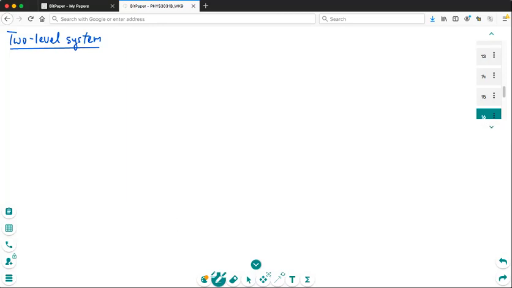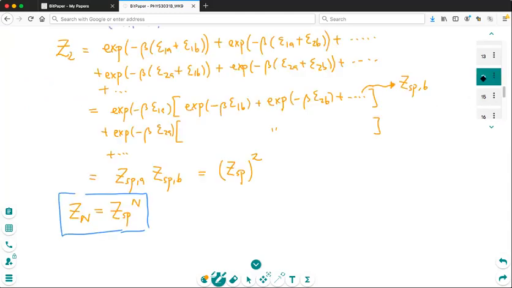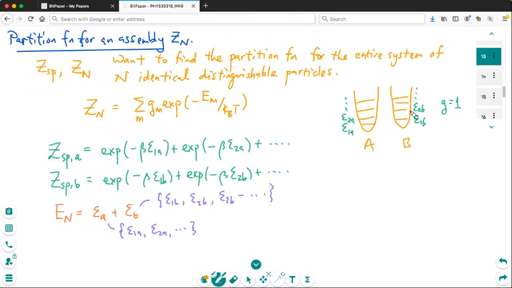Okay, so let's begin. I'm going to look at a two-level system. Two-level system means I only have two energy levels. Right? So remember, from now I only draw one copy. There are n copies of this. Okay, so this is like this scenario, this picture here. But now I don't want to look at so many levels. I only want to discuss a system with two levels.